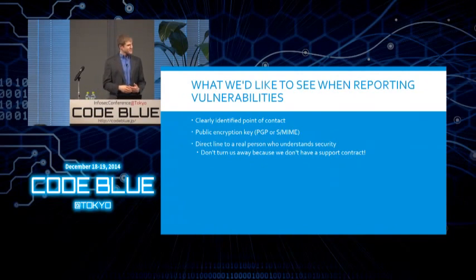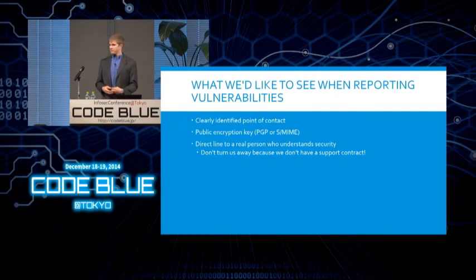Publish an encryption key. This is important for two reasons. It's important for us to be able to send you information quickly. Consider that there may be a public vulnerability or exploit in your software that we need to tell you about. That needs to happen quickly, and if you have a public key, we can do that. The second thing to consider is, what if some problem happens in your company's website or in your software that makes people distrust your communications?